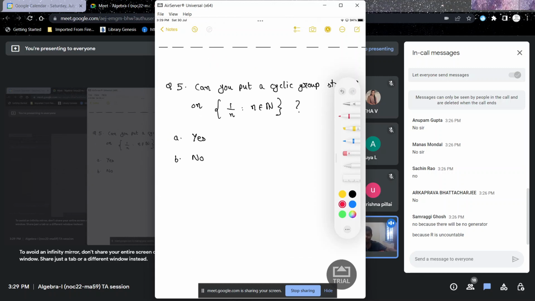So let's come to question 5 now. This is again in the same flavor of the previous question. Question 5 is asking you whether you can put a cyclic group structure on this set 1 over n, where n varies over natural numbers. You understand the set, right? Can you put a cyclic group structure on this set?